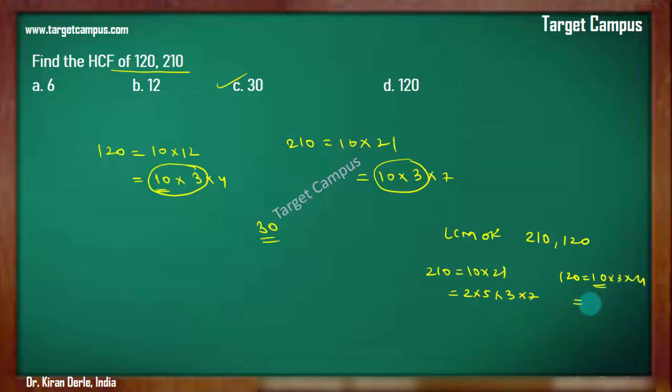So this is 2 into 5 and this is 2 square, so this becomes 2 cube, 3 into 5, right? So in LCM we take the highest power of each factor. The highest power of 2 is 2 cube, right? 3 is common, highest power is 1 only. 5 is common, highest power is 1 only. And then 7. Multiplying this will give us the LCM of these two numbers. I hope you are getting this point.